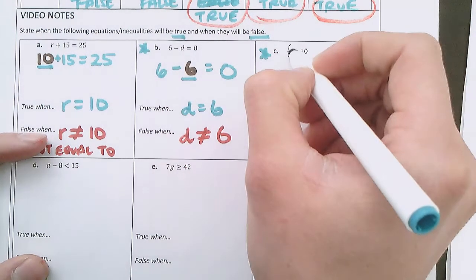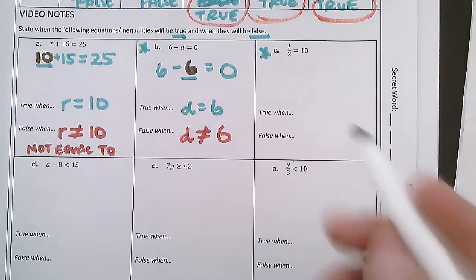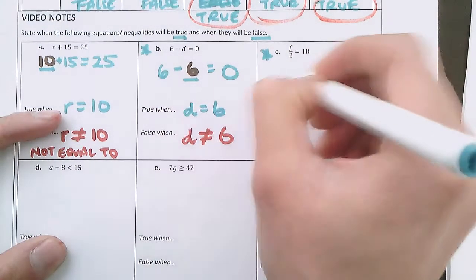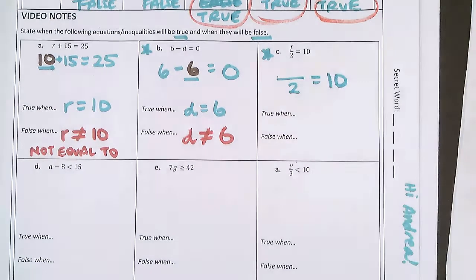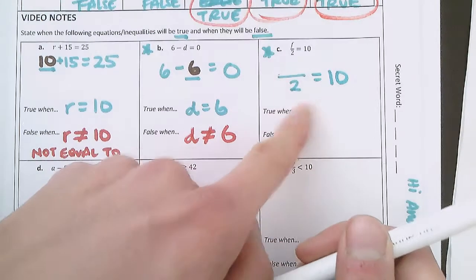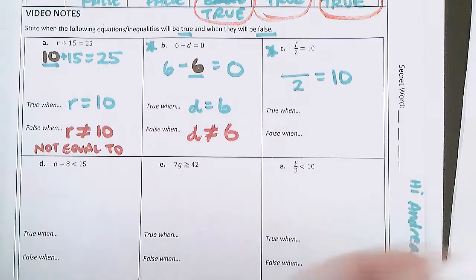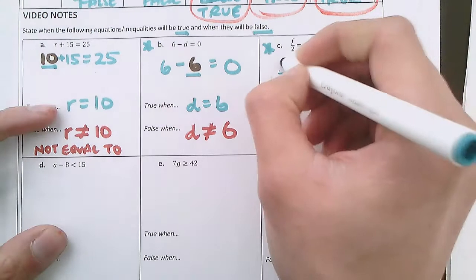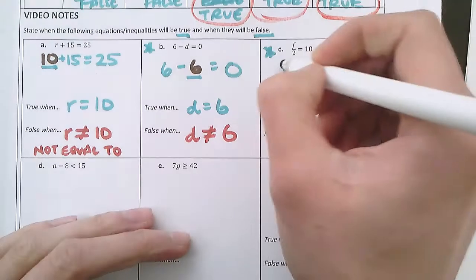This next one, f over 2 means f divided by 2 equals 10. So you can think to yourself, what divided by 2 is equal to 10? Well, that's the same thing as 10 times 2, which is equal to 20, right up here.